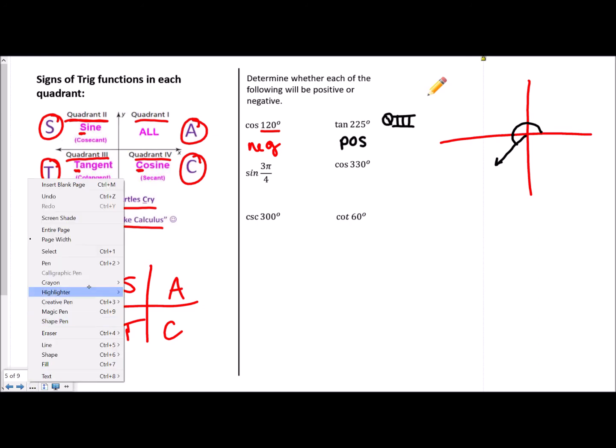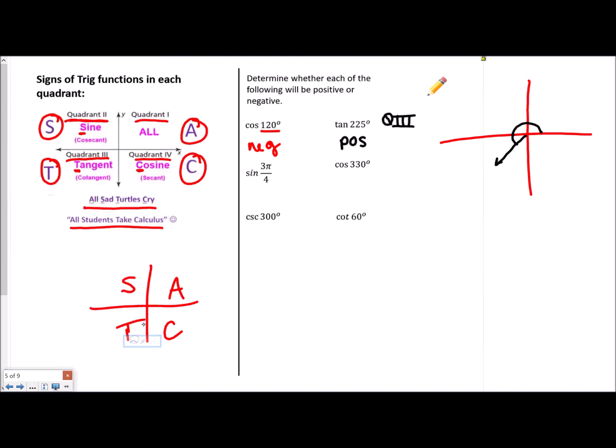Okay, next one is 3 pi over 4. It's radians, so we might want to switch it over to degrees to get a better idea of its actual value. Degrees are easier to deal with. That is 135, so that is about right there. That's in quadrant 2.